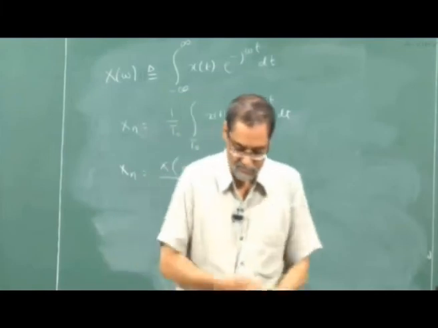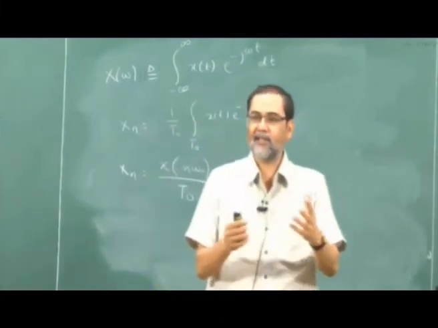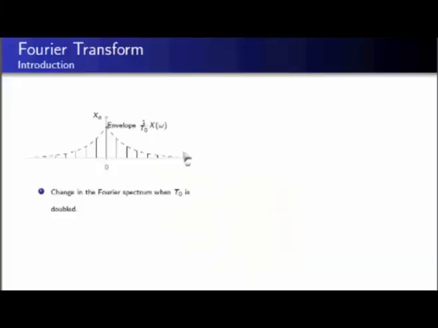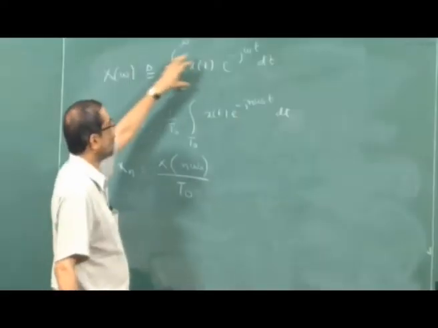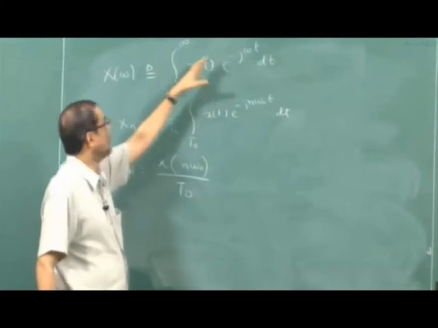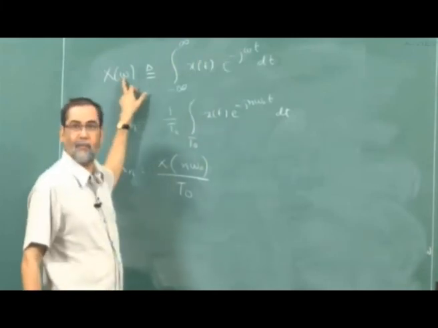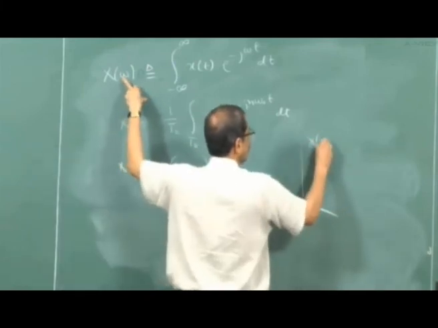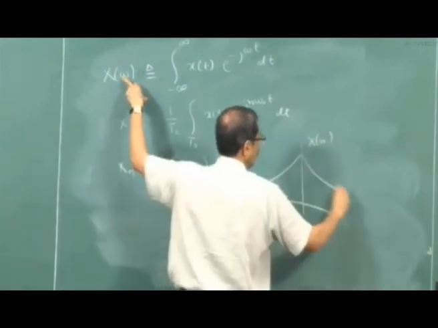And so that is the starting point of going from Fourier series to Fourier transform. Maybe I'll just do one more slide and then go today, right. So for some t naught, I can calculate, this is a continuous function of omega, right, because omega takes all values from minus to plus infinity. So let us say I sketch x of omega and it looks something like this.